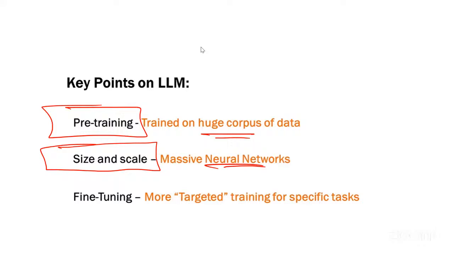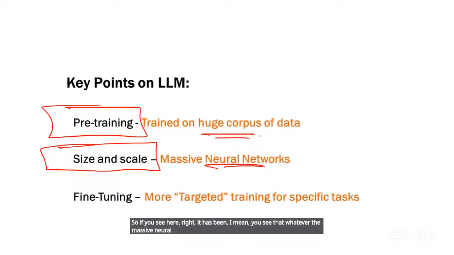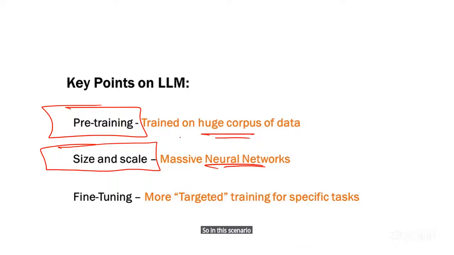So if you see here, these are the massive neural networks which are present. In this scenario, one is that you have been pre-trained with a lot of data, then you have the size and scale.